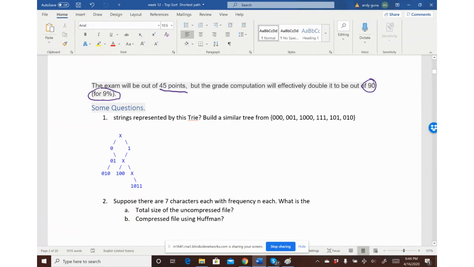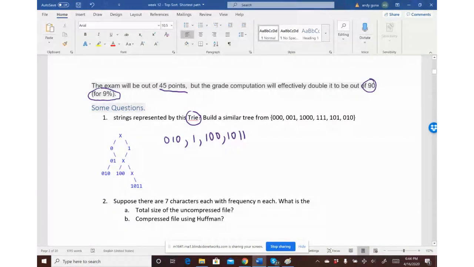Just a reminder: in this case, the strings are represented by a trie. A trie is essentially a binary kind of tree. If you go left, it'll be a 0. If you go right, it'll be a 1. So you could have the strings represented as 0, 1, 0, or just 1, or 1, 0, 0, or 1, 0, 1, 1.